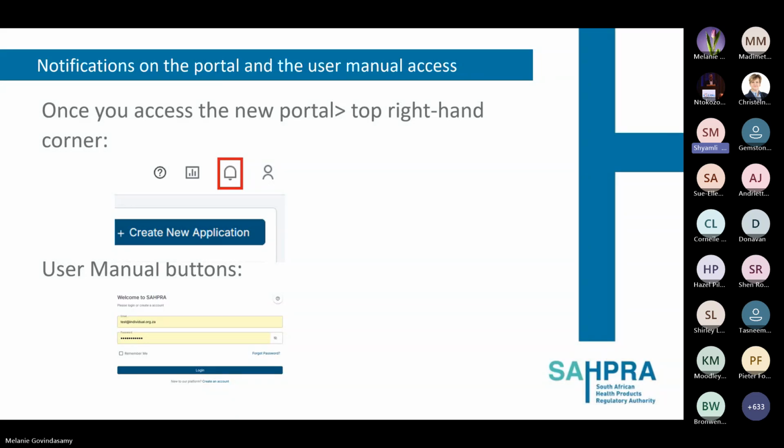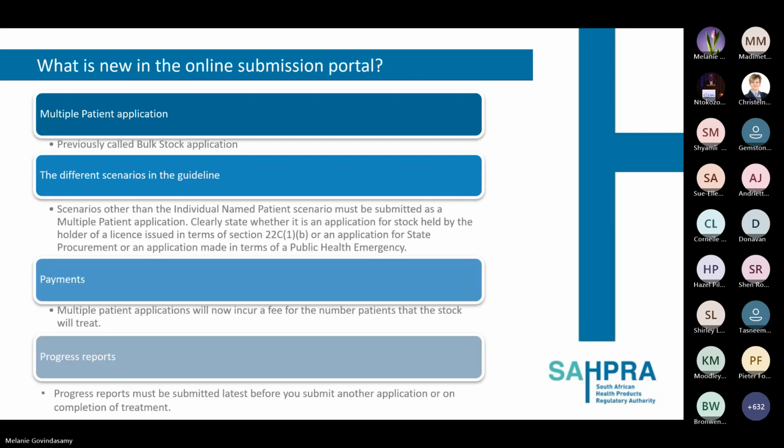It can also be accessed on your landing page before you log in. There is a help button there, towards the top right-hand corner. It has a lot of useful information, so please do consult that manual as often as you need to. Next slide, please.